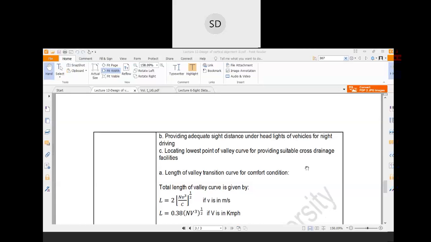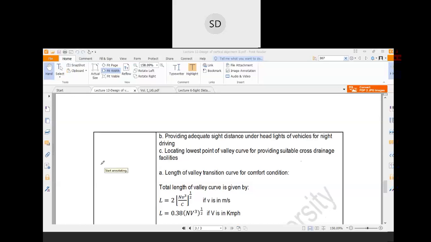Now another thing is the length of the valley curve. Here you need to consider comfort, and the centrifugal force acts very profoundly. In that case, the entire valley curve is basically a transition curve.